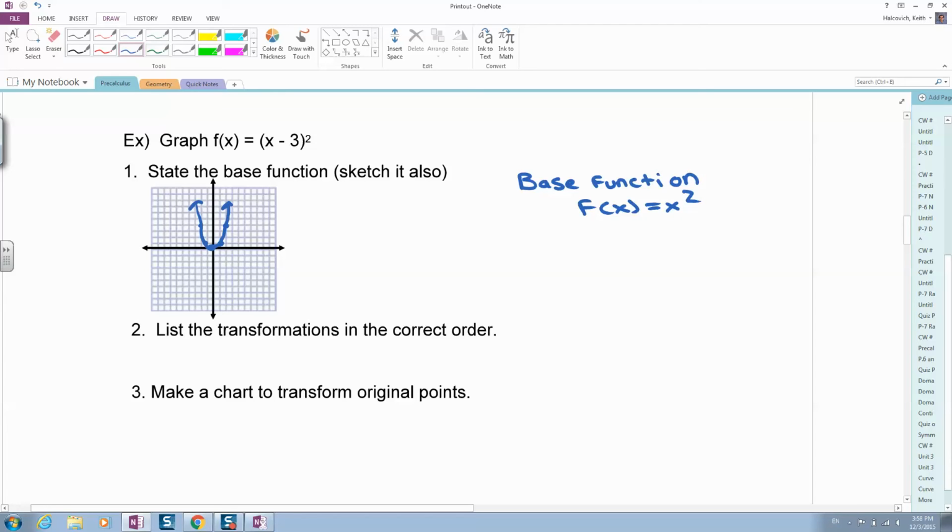So those would be our normal points. Now, because we have a minus inside, we have a shift horizontally to the right 3 units.